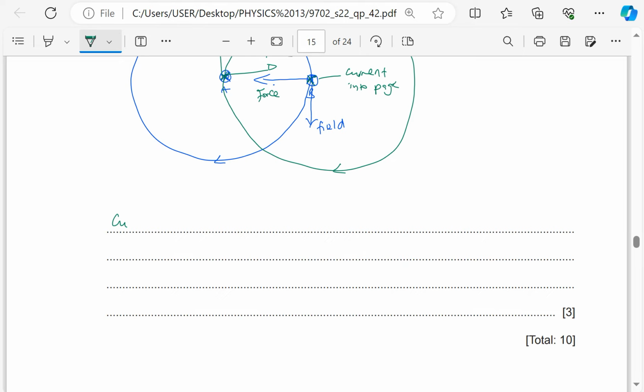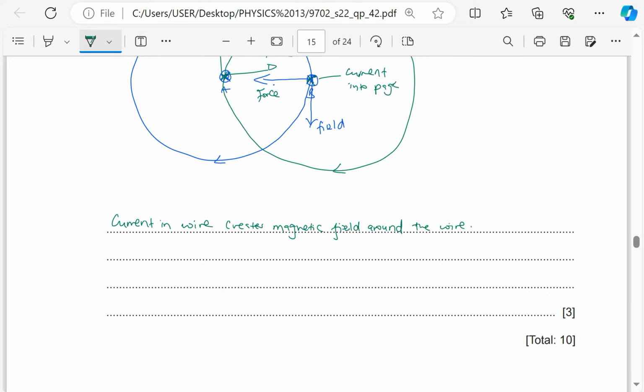So I can say the current in the wires creates a magnetic field around the wire. That's number one.